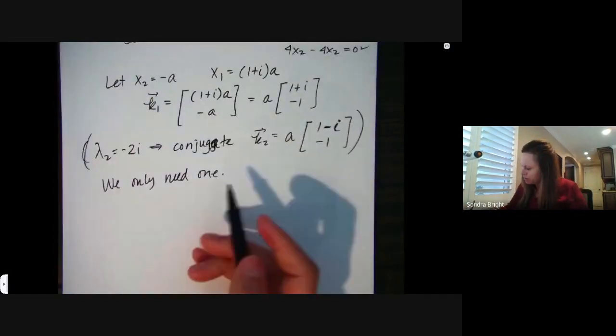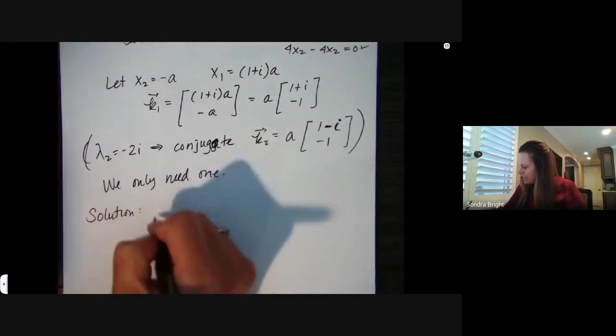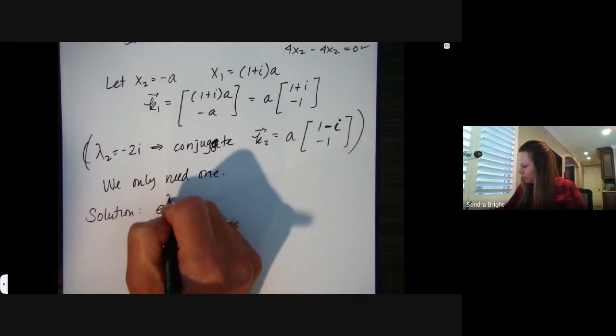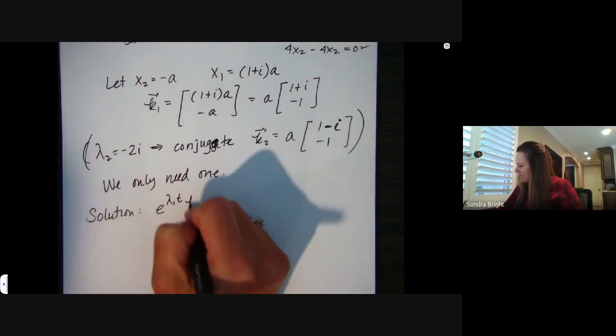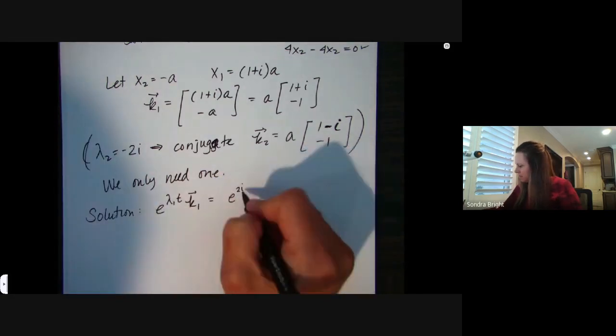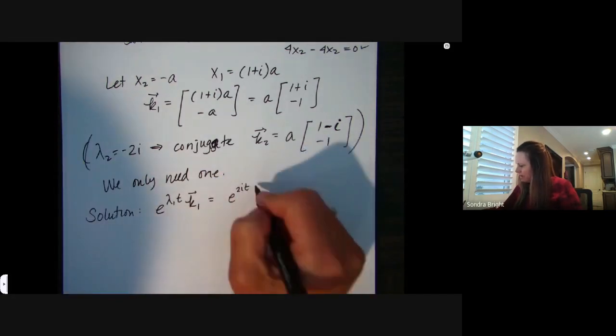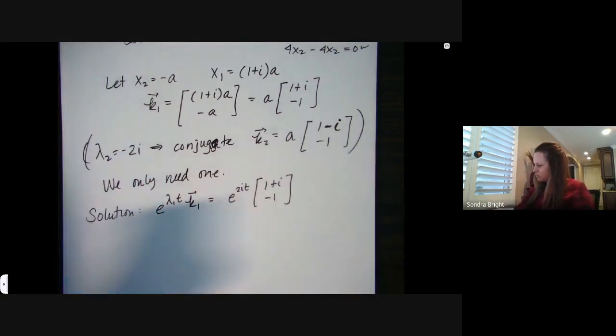So our solution is e to the lambda 1 t times k1. And so that's just an e to the 2i t times 1 plus i and negative 1. We're not done because we want real solutions.